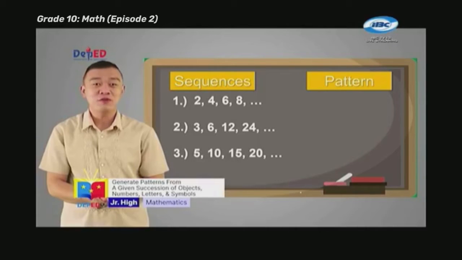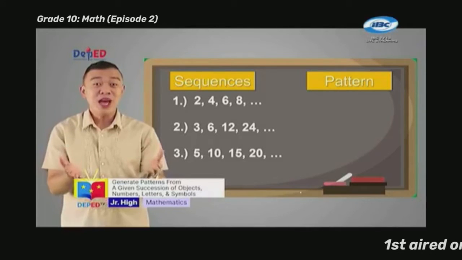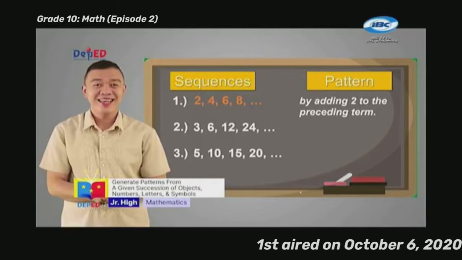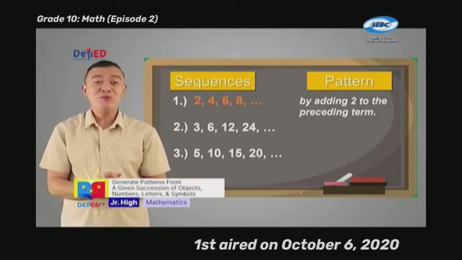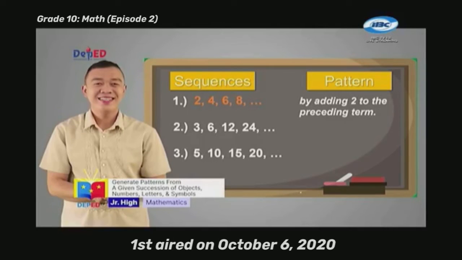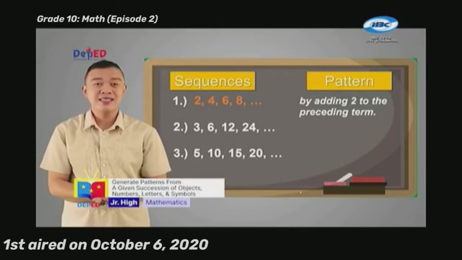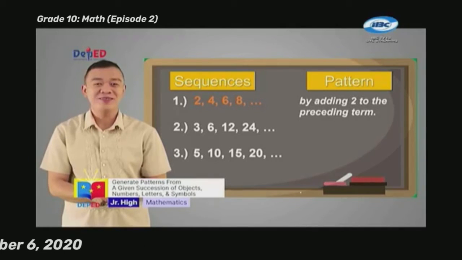2, 4, 6, 8, and so on. What is the pattern you observed? By adding 2 to the preceding term. The second sequence, 3, 6, 12, 24, and so on.